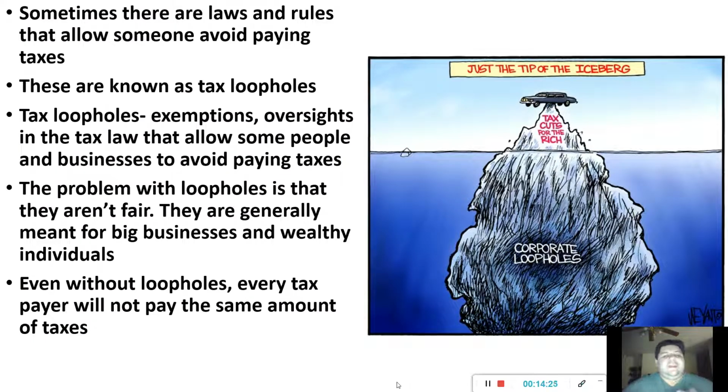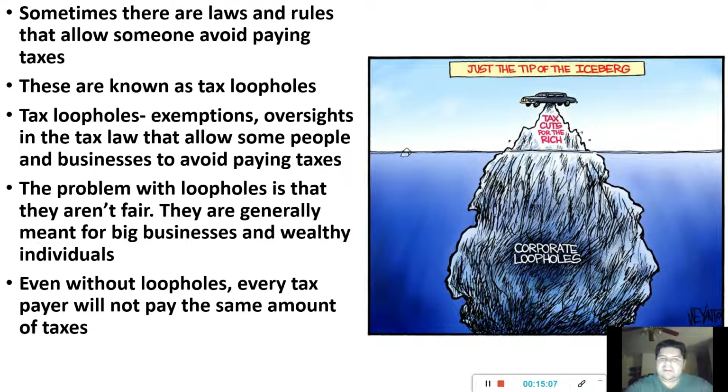All right, now I hate to say this, but I'm sure you guys already know this. Sometimes there are laws or rules that allow people to avoid paying taxes. These are called tax loopholes. They do suck. They really do. Because how can somebody who only makes, let's say, $36,000 a year, which is very low, pay taxes on stuff and still owe money, but somebody who makes $1 million a year doesn't have to pay anything?